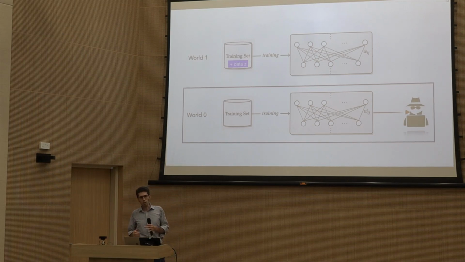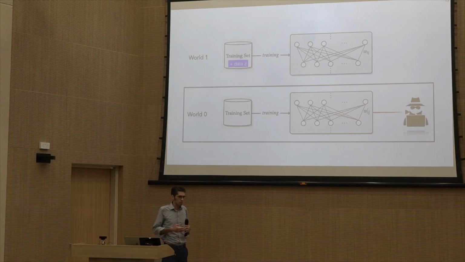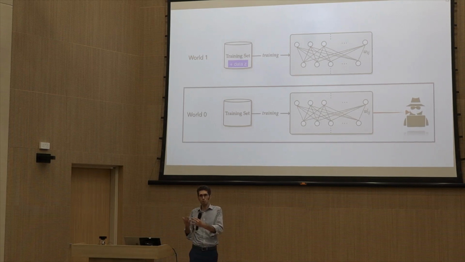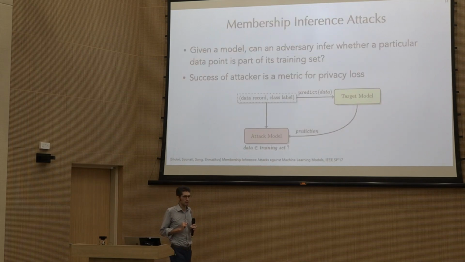So then the question is, what is the algorithm, what's the technique that the adversary should use to perform this attack? It's true that we designed this with a hypothetical adversary, but eventually we want to quantify privacy risk, so we need to replace the adversary with an algorithm. That class of algorithms is called membership inference attacks.